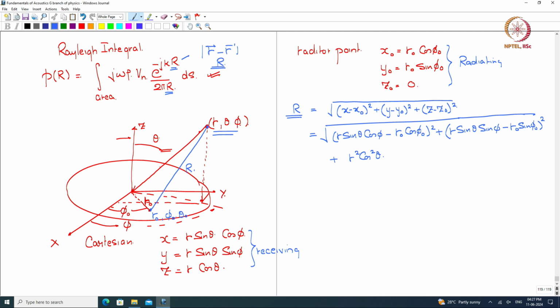I will call it the receiver coordinate r, theta, phi.